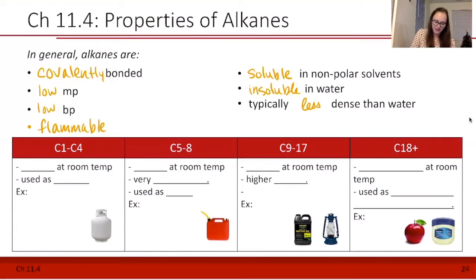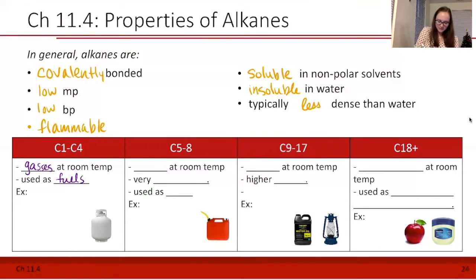Some examples of alkanes in your everyday lives, and properties associated with them. C1 through C4. So if you have one carbon, methane through butane, C4, they're typically gases at room temperature, and these are used almost solely as fuels.